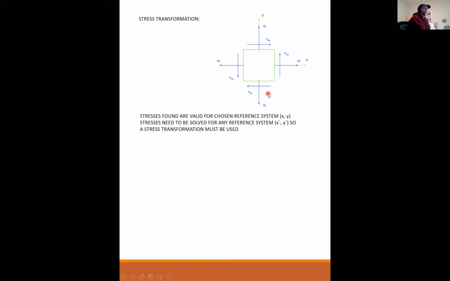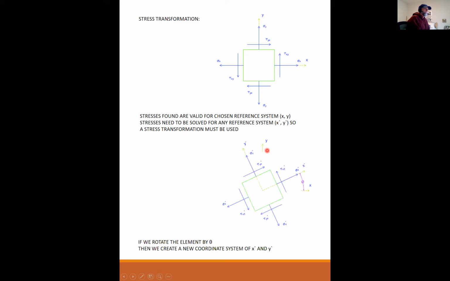We need to be able to solve for the normal stresses and the shear on some other reference system, x prime, y prime. So we need a way to transform the stresses in the xy coordinate system to the x prime, y prime coordinate system, like so.